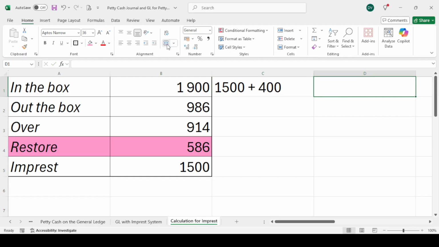That's why it's 1,900 Rand. What went out the box was still 986. What you have left over is now 914 Rand. And to get to the Imprest, so basically what you do here is it's 1,500 minus what you've got left over, gives you your amount that you need to restore the Imprest.